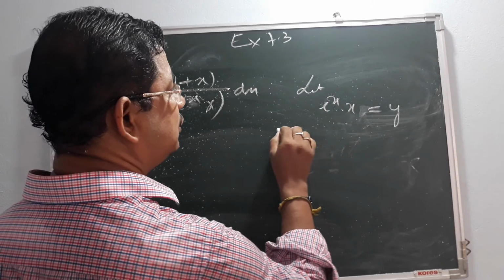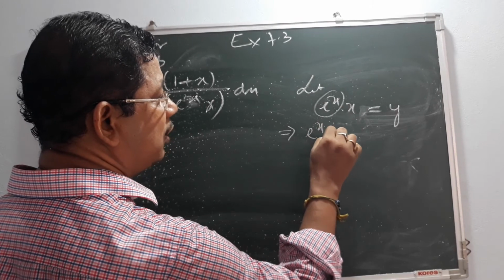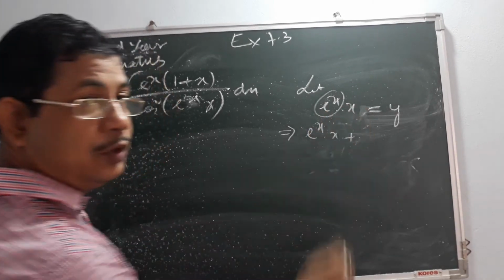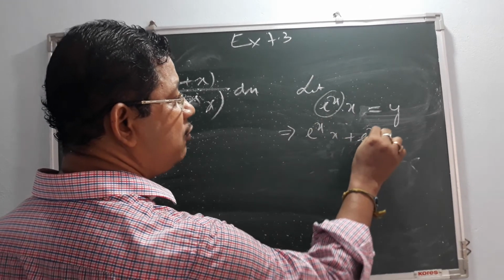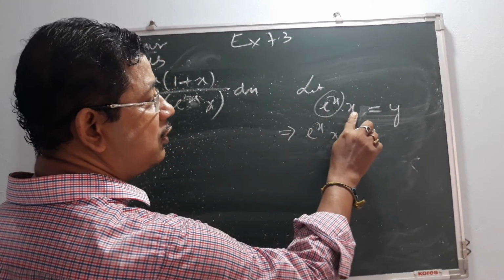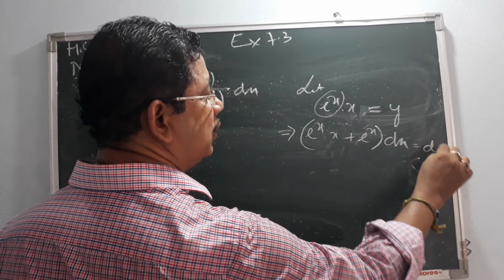Now if we differentiate, its differentiation is again e to the power x. I kept this one and differentiated this one, then I will keep this one and differentiate x, which is 1. So e to the power x (1 plus x) dx is equal to dy.